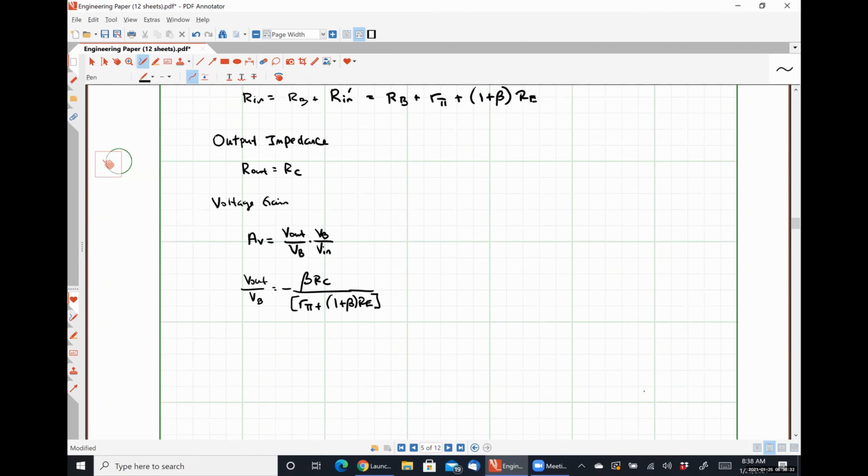Now let's talk about how we're going to figure out what the transfer relationship VB over Vin is. So from the perspective of our input voltage, it sees some resistance RB. Here is my voltage VB.